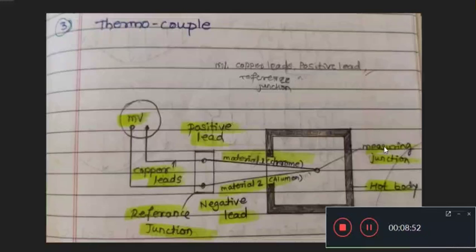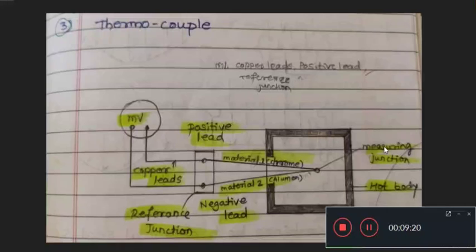And lastly we have a thermocouple, which, as shown in the figure, measures the unknown temperature with the help of two junctions known as the reference junction and the measuring junction. Here we are using two different materials, one is chrome material, another is aluminum material, which have been joined to form a junction known as the measuring junction.